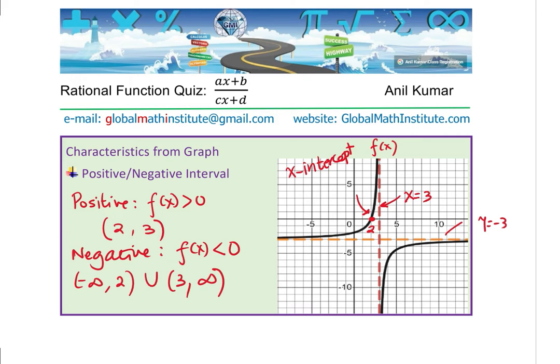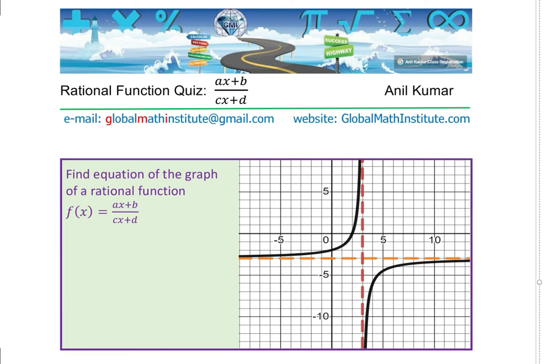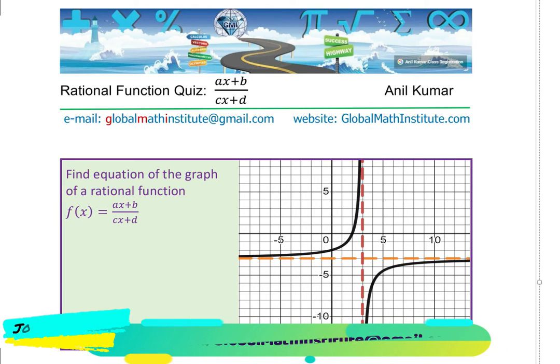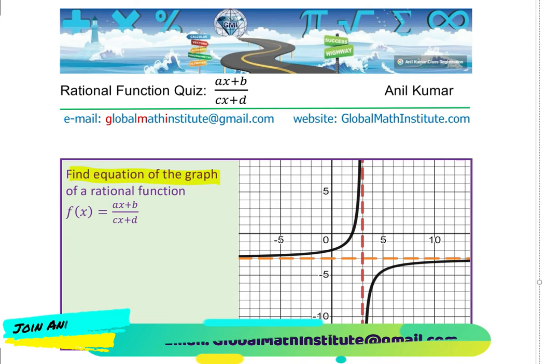Now, let's get back to the last question, and which is, how do we find equation of the graph? So this is very critical. We need to find the equation of the graph of rational function, and in this case, it is of the form ax plus b over cx plus d. Now, to define this equation, couple of parameters are very critical, which we just saw.